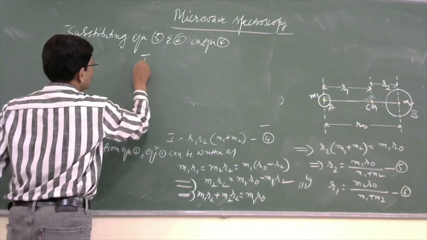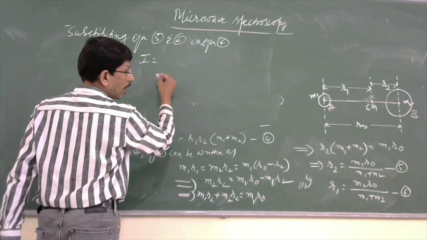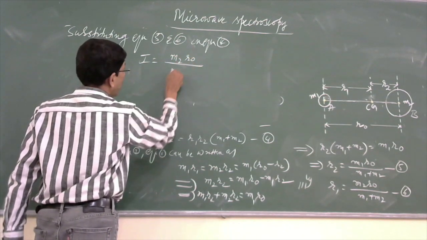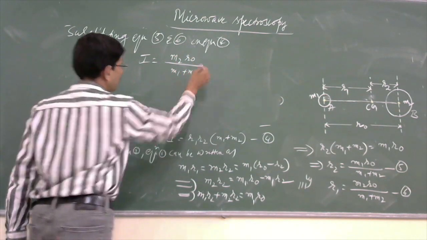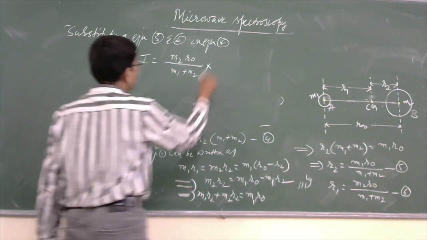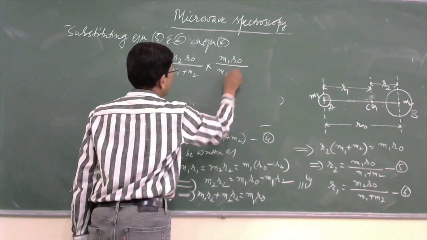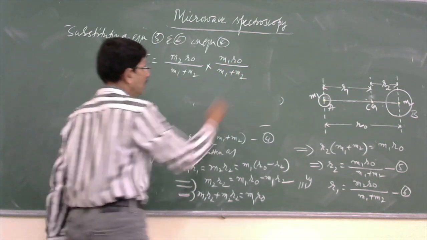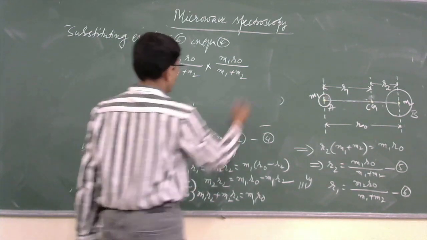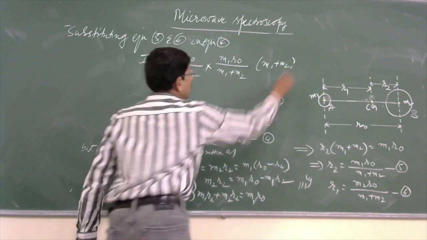We have I is equal to R1, M2 R0 divided by M1 plus M2, into R2, M1 R0 divided by M1 plus M2, into M1 plus M2.